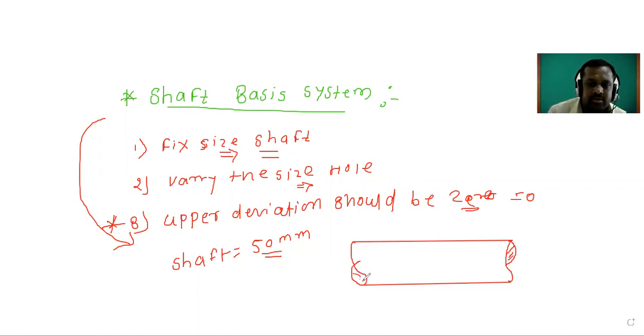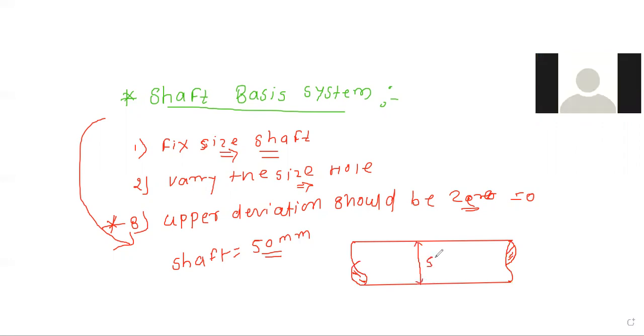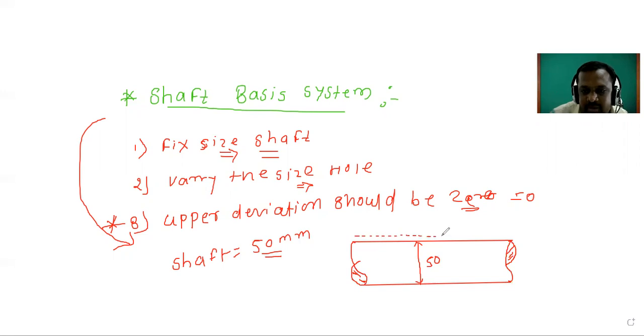What is its basic size? It is 50 mm. But we know that it is not possible to produce exactly 50 mm, so the shaft produced will be slightly different, like this.